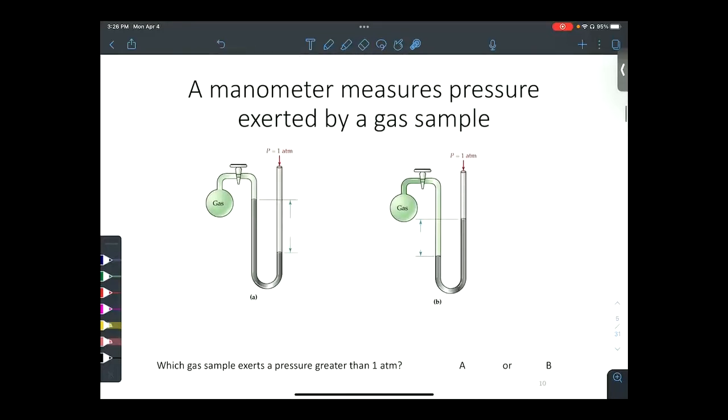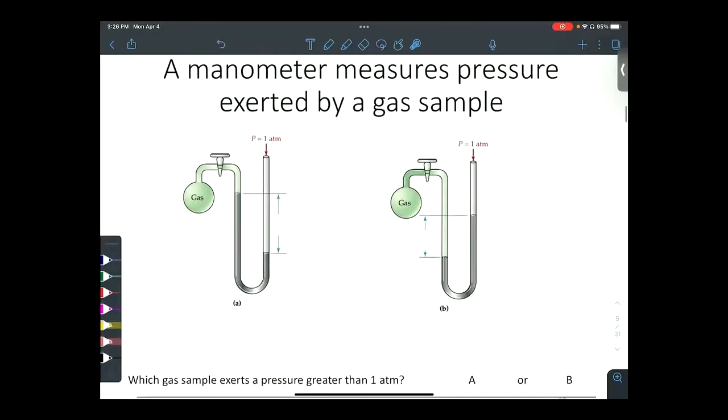All right, so one last idea here for measuring gases. In our barometer case, we looked at measuring atmospheric pressure using a barometer. We can use a manometer to measure the pressure of a gas sample. But we can still use the same idea here, that gases are always trying to equalize their force, so we need to think about where the forces are coming from.